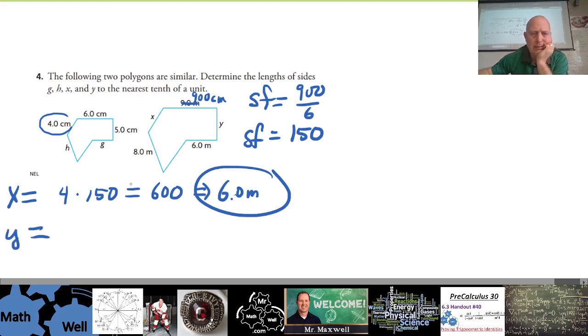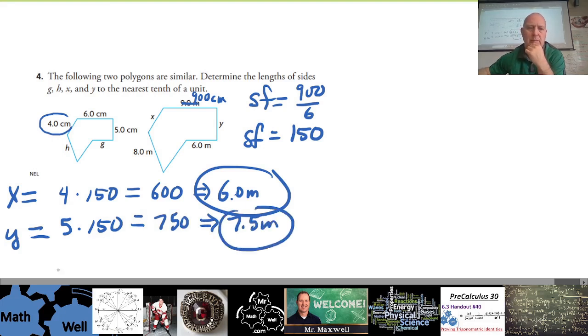However you want to do this, you could do the same thing: 5 times 150 to get this one. So 5 times 150 is what? 750? Or 7.5 meters. You guys are awesome.